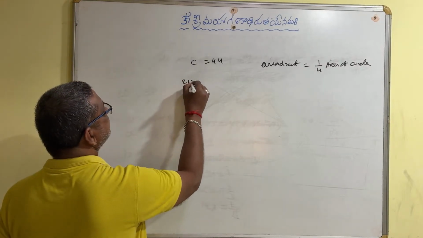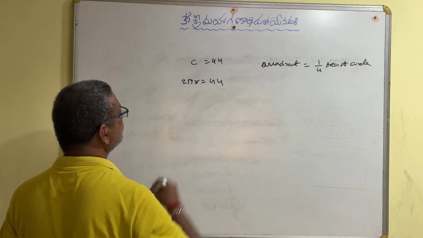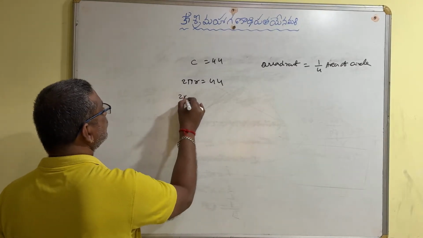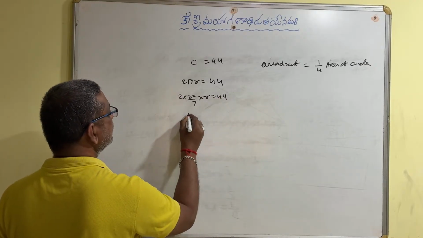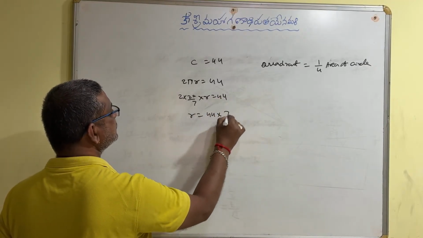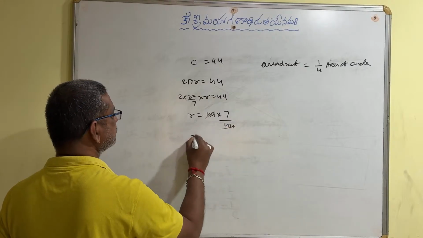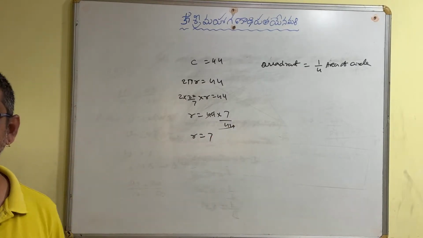So 2 pi r is given to us. 2 pi r is 44. 2 into 22 by 7 into r is 44. Then r will be 44 into 7 by 44. Radius is 7.